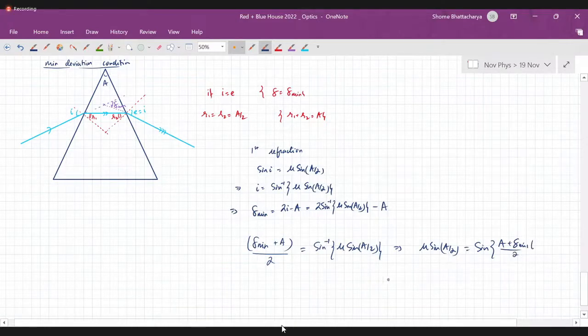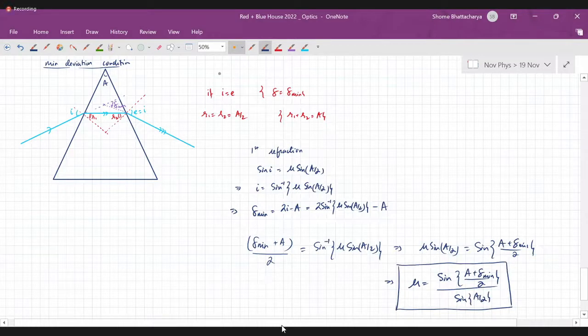So we have this interesting relationship between refractive index of the material of the prism and the angle of minimum deviation. So let's absorb this information with a simple example.